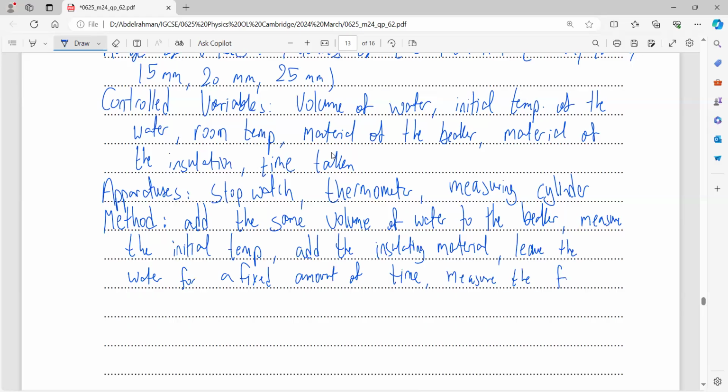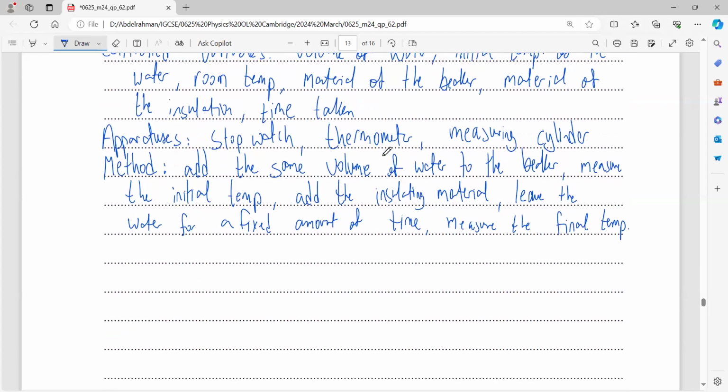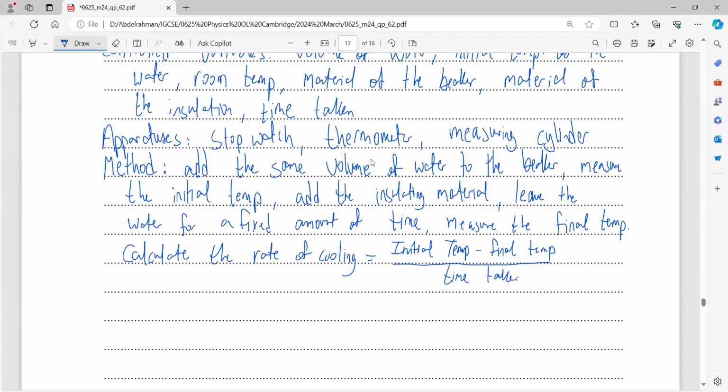Measure the final temperature. And then to calculate the rate of cooling, how can I calculate the rate of cooling? We know the equation. Initial temperature minus final temperature over the time taken.